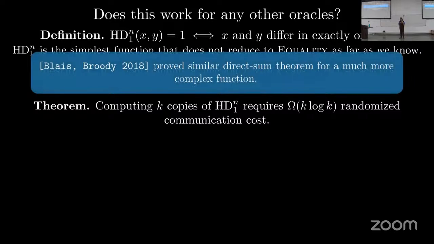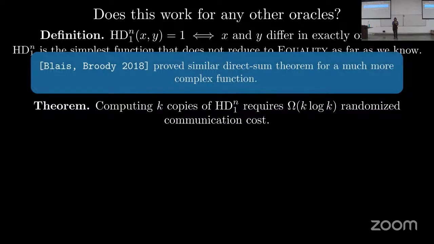So it means that nothing better than majority vote is possible for Hamming distance 1. Let me comment that this is a kind of super-critical direct sum theorem, where we need more than the total cost of all the problems to compute them all. It was first done by Blair and Brody, who came up with a function with the property that you need superlinearly many computational costs to compute k copies of the function.